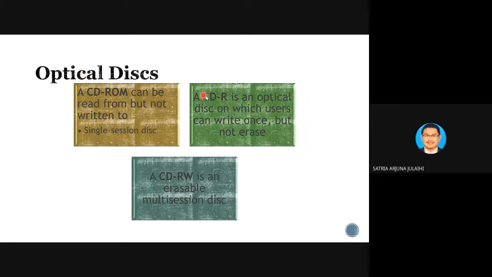CD-R is not CD-ROM, but the R here is for record. It is an optical disc on which the user can write once, but not erase. Remember, write. Write on a CD or on a device means that you are putting data on the device, you are saving data onto the device. So that is CD-R.